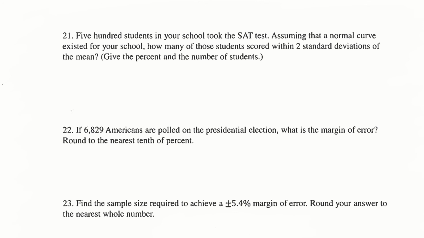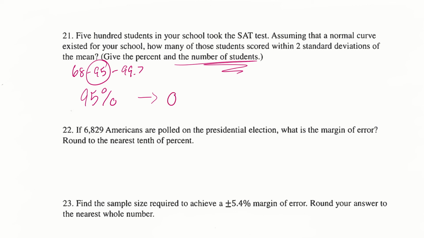So if you recall, we had these 68, 95, 99.7. So 2 standard deviations is 95%. That is 95% of the students were within 2 standard deviations. So how many students actually scored within 2 standard deviations? Take 95%, 0.95, multiply that by 500, and you get 475 students.